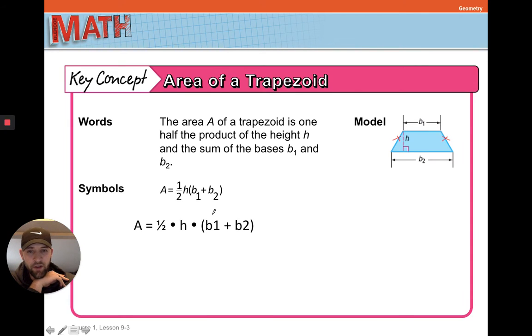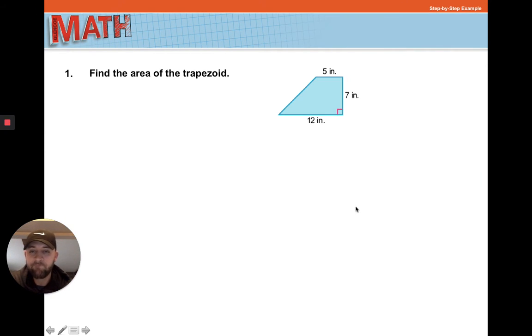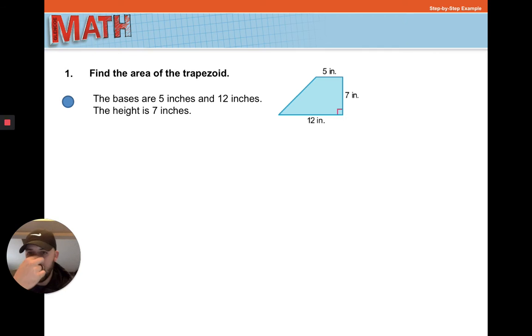And also we need to take a look at this. This is probably most important because it is in parentheses. That means we need to solve this first before we move on to any multiplication. We'll make sure we're careful of that today. I'm going to walk you through one, and we will try one in the next slide.